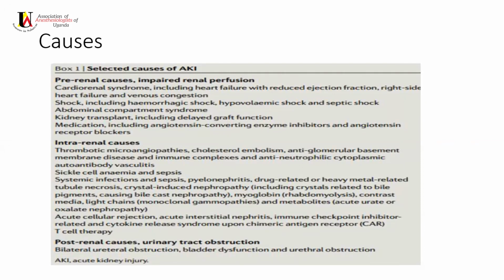Intrarenal, you have so many other causes: sepsis, sickle cell anemia, microangiopathies, cellular rejections, you have medication still. And then in the post-renal, you find that most of them are just obstructive. You have either obstruction of the ureters, and for one to get an AKI, it usually has to be bilateral. And usually if it's unilateral, you may not find that the patient will get into full-blown AKI.